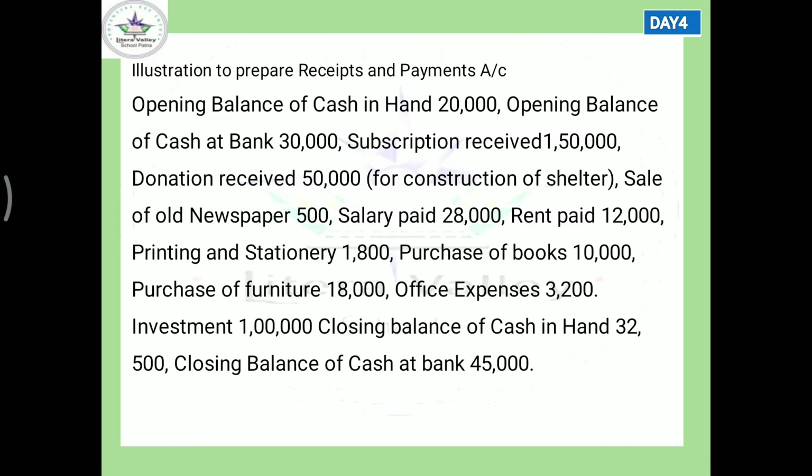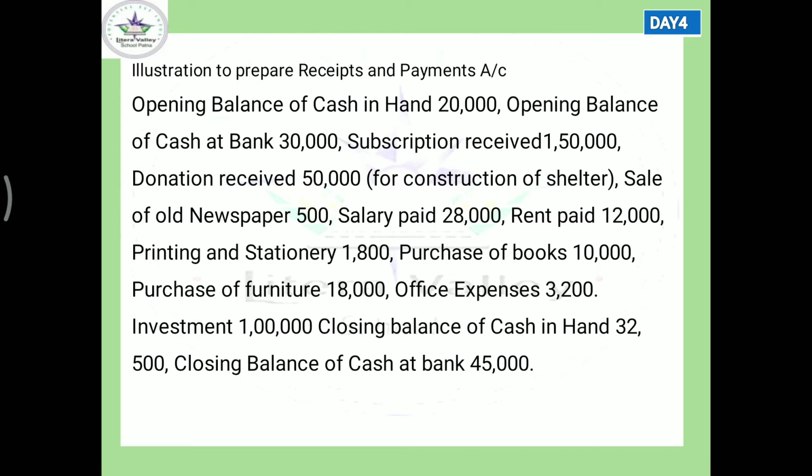On your left hand side, first write to balance b/d, cash in hand 20,000, cash at bank 30,000. On the receipt side also write it, subscriptions 1,50,000. Whether donation will be there or not? Yes, we are preparing receipt and payment account, not income and expenditure or balance sheet.